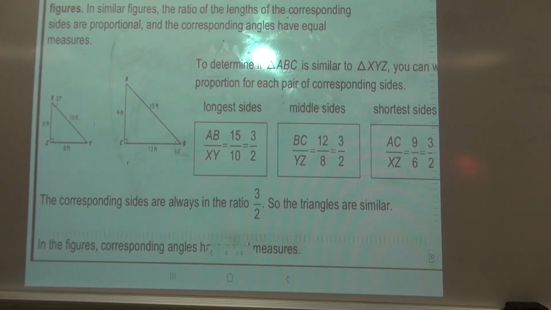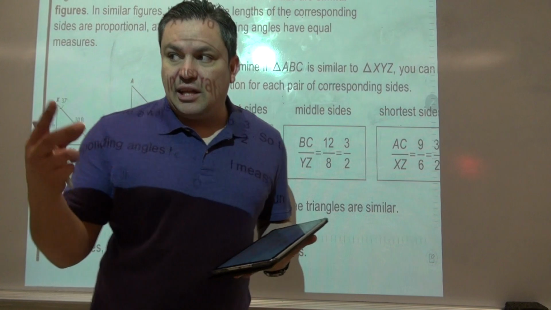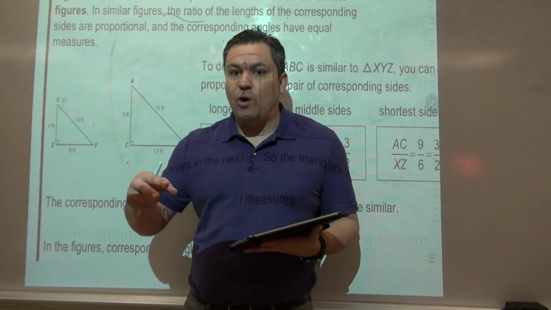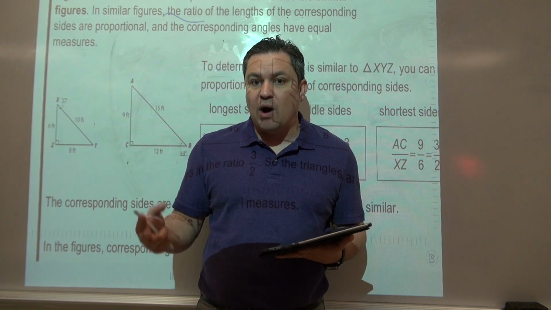Figures that have the same shape but not the same size are similar. So again, they have to be the same shape but not necessarily the same size. They're similar. In similar figures, the ratio, that's a key word. The ratio is like when we said the 4 to 8, 2 to 4, we multiply by 2. 2 is the ratio, 2 to 1.